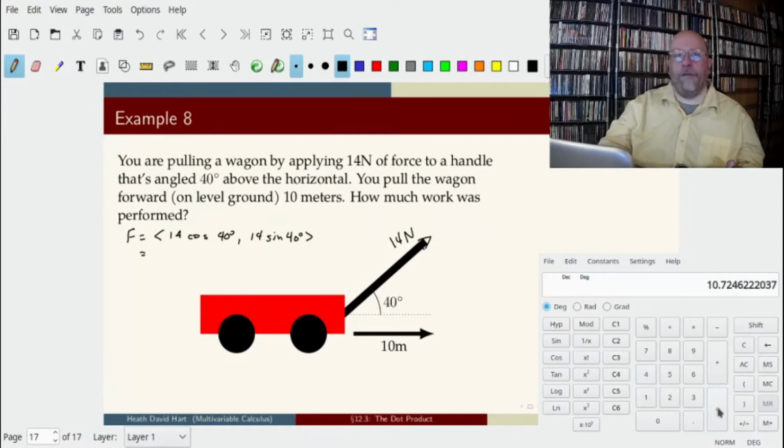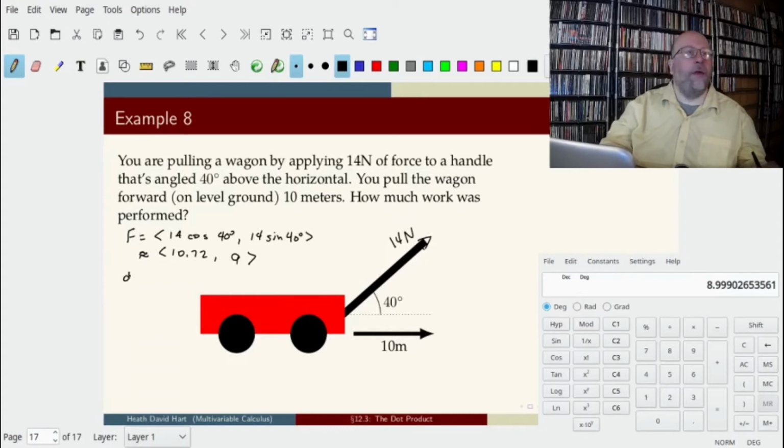And that's approximately 10.72. And then the y-coordinate is 14 times the sine of 40 degrees. So 40 degrees sine times 14 is, oh gosh, so close to 9, I'm just going to say 9. All right.